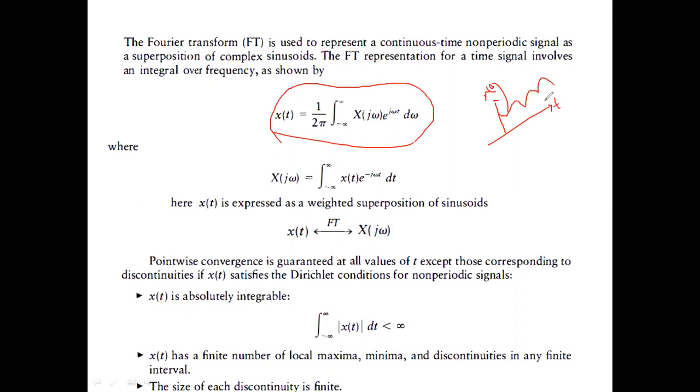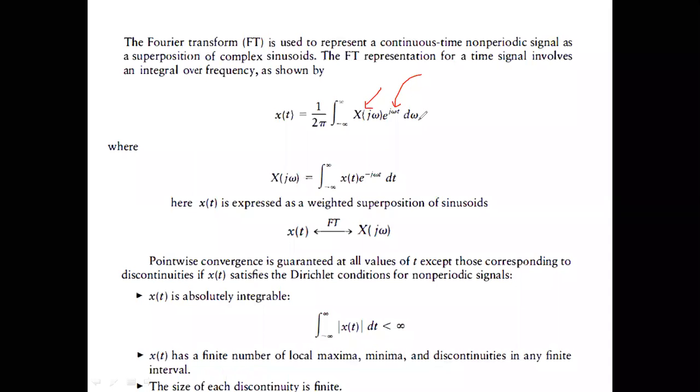Here, for a change, they are representing x of t in terms of the coefficients X of j omega, where this omega keeps varying. You can see this is like your DTFT, except that instead of summation, here you have integration, in terms of several omega. So you are trying to represent this particular wave as a superposition of complex sinusoids.